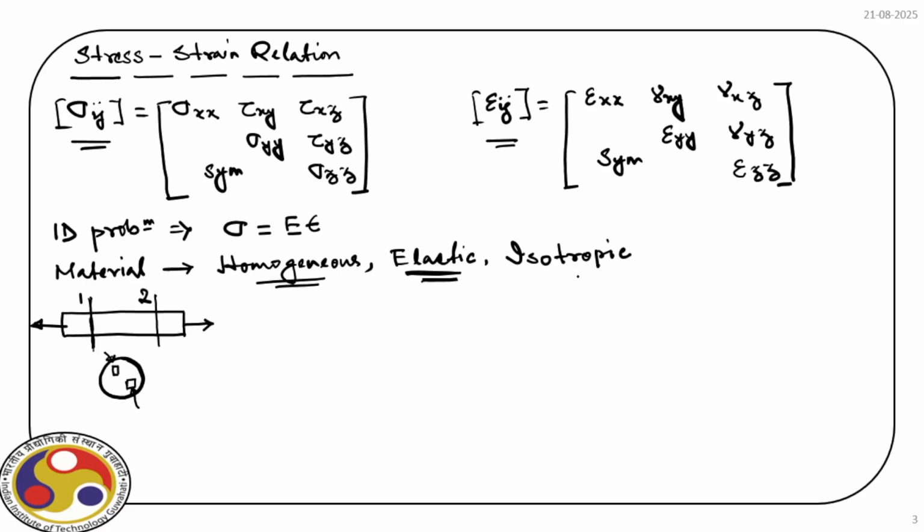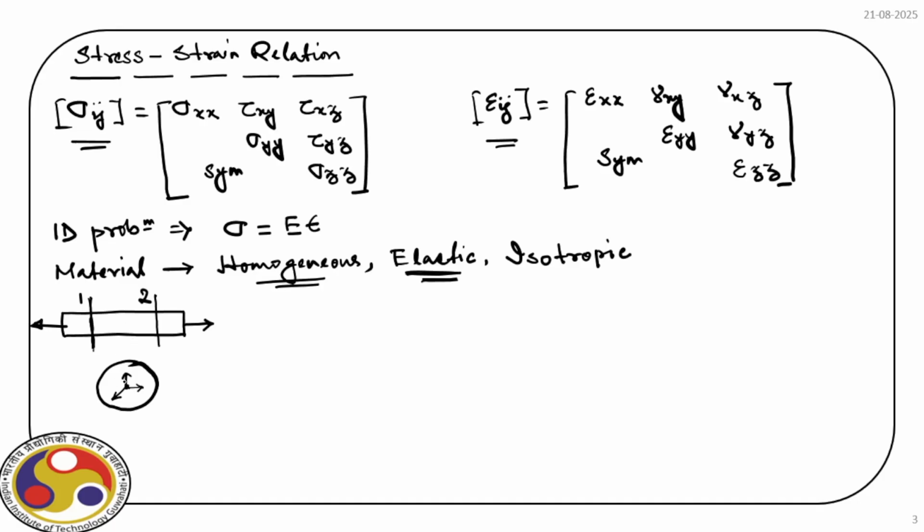What about isotropy? Now, if you consider the same material and if you consider a point inside the material, so this is the material and I consider this point. Obviously, in our reference coordinate system, we have three different directions, right? So one is along this, another is vertical, and another is this way, right?